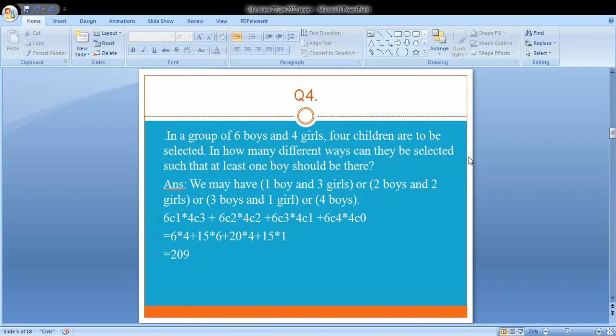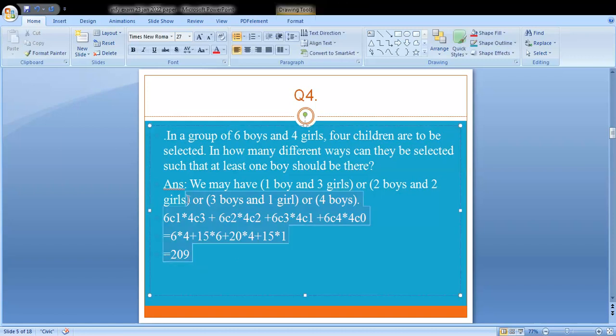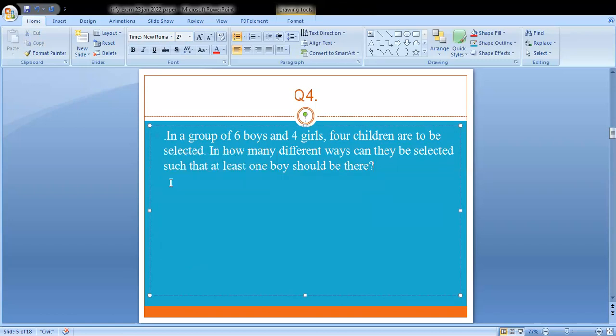In a group of 6 boys and 4 girls, 4 children are to be selected. In how many different ways can they be selected so that there is at least one boy?